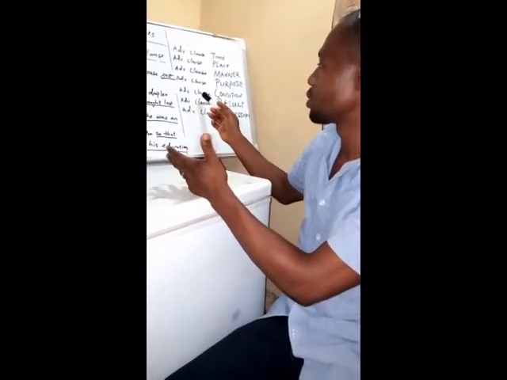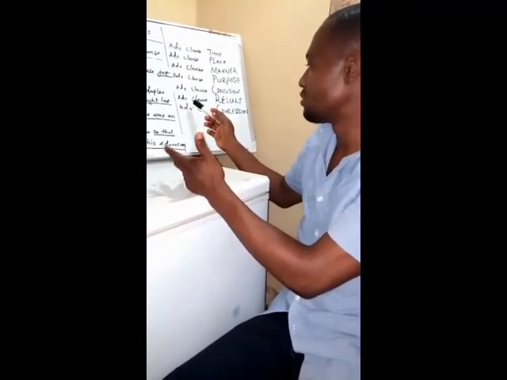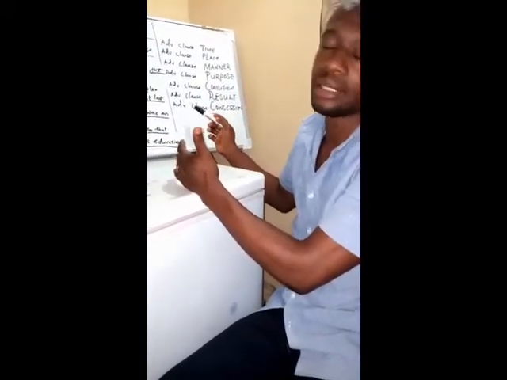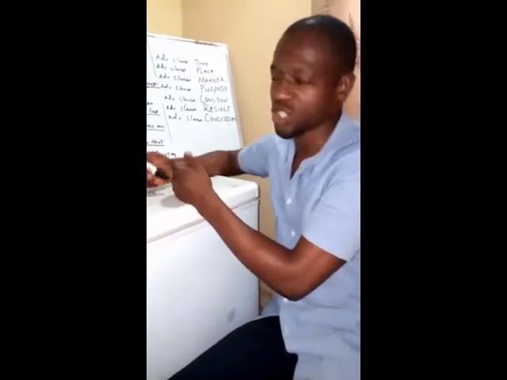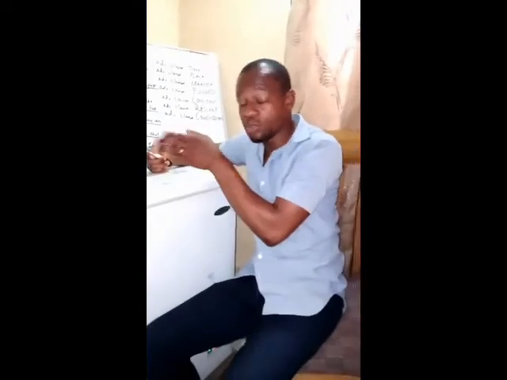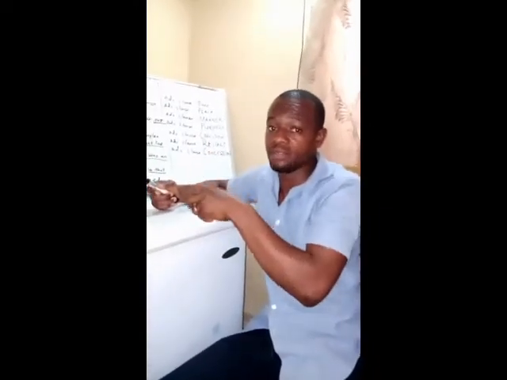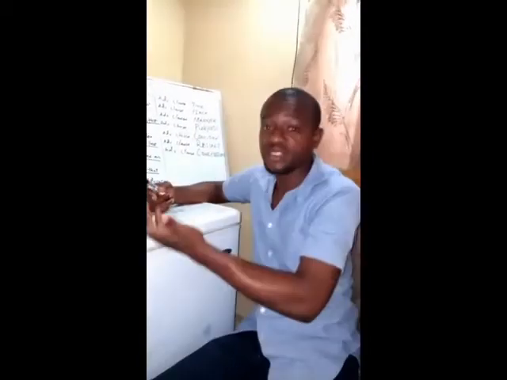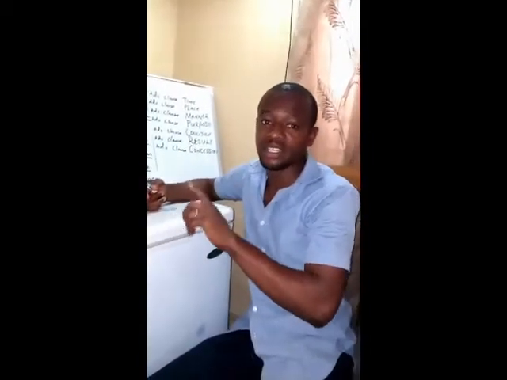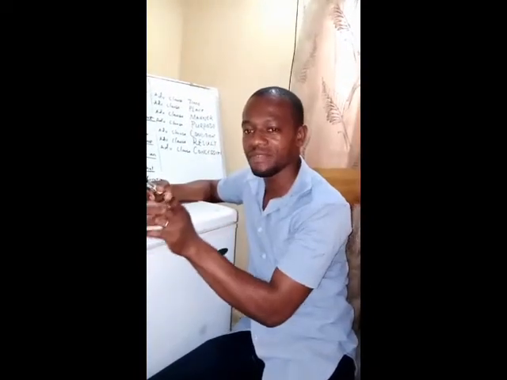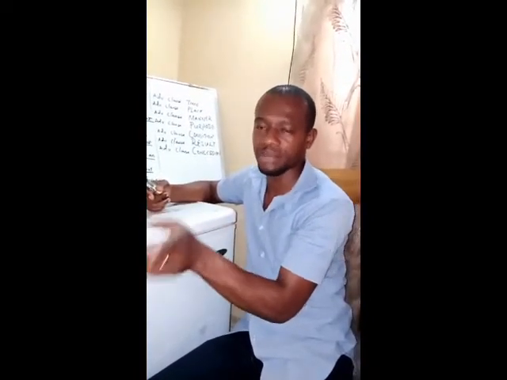We have the adverbial clause of condition. We have the adverbial clause of result, and lastly, the adverbial clause of concession. These are the types of adverbial clause, or rather, we can say these are the functions. These are the information they tend to specify in a given sentence about the main verb in the main clause.